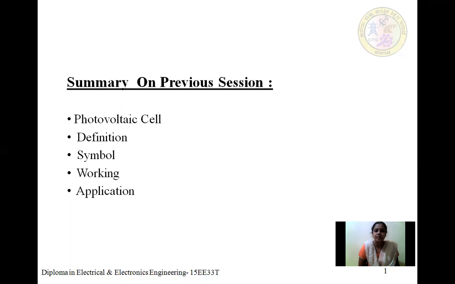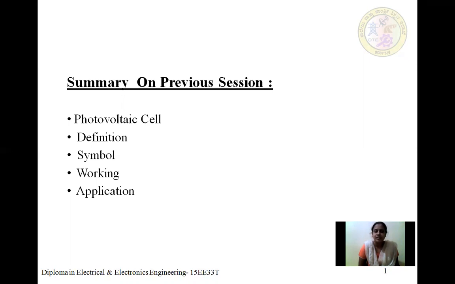Photovoltaic cells are basically semiconductor devices that are sensitive towards light. It has the ability to change radiation energy into equivalent electrical energy. The word photo is used for light and voltaic is used for electricity. So that is the definition of photovoltaic cell.